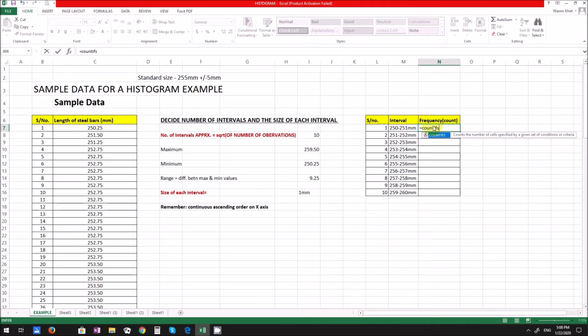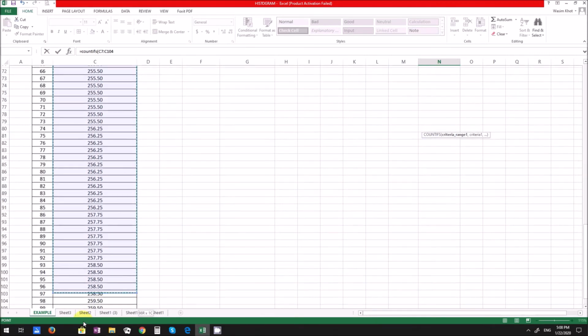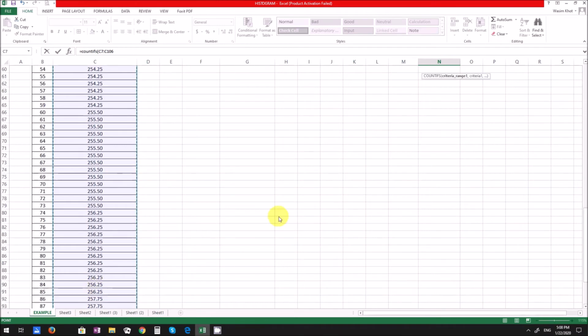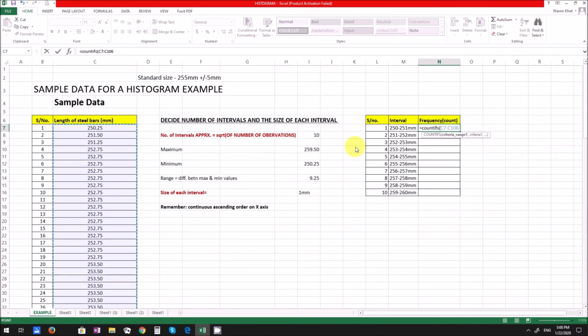So the formula for this is COUNTIFS, and we have to give the range of the criteria. So it is all the observations from 1 to 100. Then we have to provide the criteria.